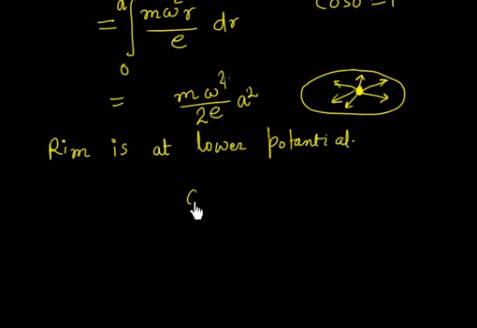Because minus dV over dx is equal to Ex. So if the electric field increases, then the potential decreases. Are you getting or not?